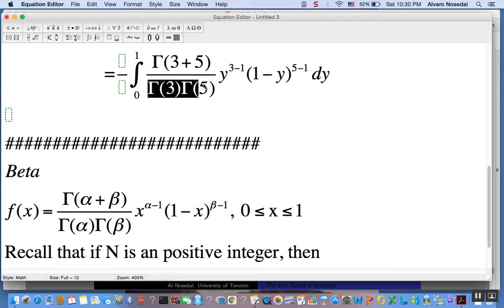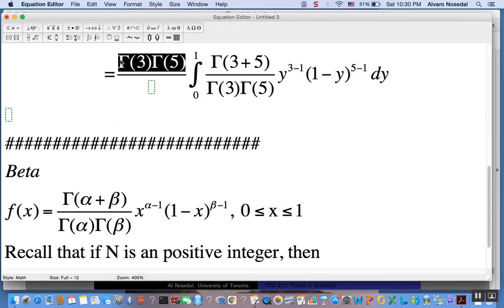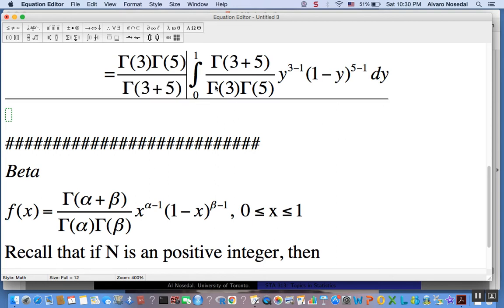If I divided by gamma evaluated at 3 and gamma evaluated at 5, but multiplied by that same quantity, these cancel out. And the same goes for gamma evaluated at 3 plus 5, right? So this is just a 1, so we're not changing anything, it's legal, right?